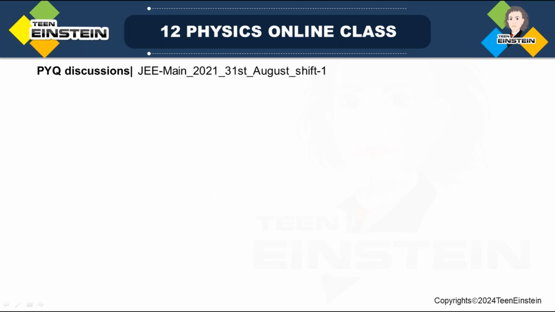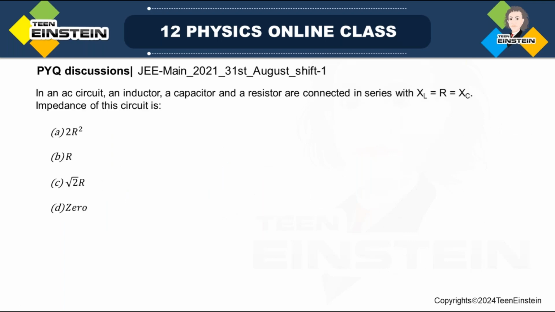Okay, so now we'll go to the next problem. This is a very simple problem. In an AC circuit, an inductor, a capacitor and a resistor are connected in series with XL equal to XC equal to R. That means capacitive reactance and inductive reactance are equal to R. Find the impedance of the circuit.